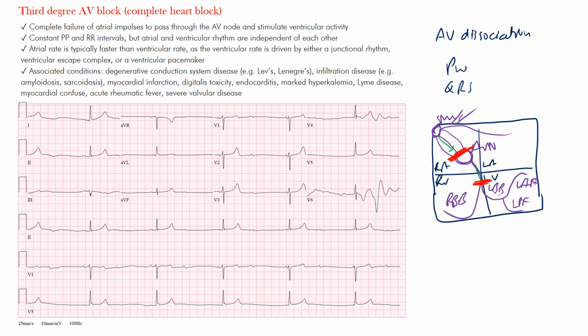And as a result, you have separation of the P waves from the atria and the QRS complexes in the ventricles. So the P waves or the atrial impulse will come down, meet a halt or stop, and then repeat itself. So it has its own rhythm, thinking that it's getting through, but it's not.